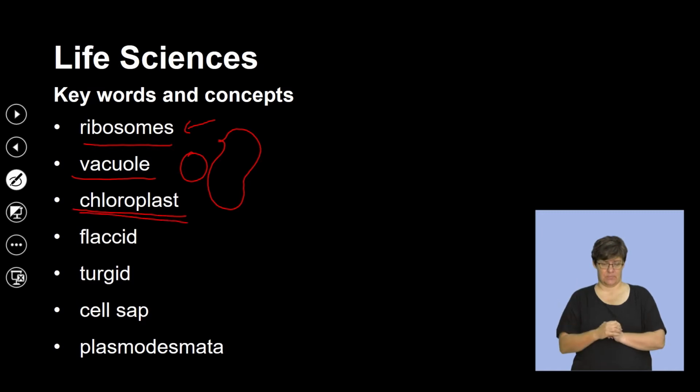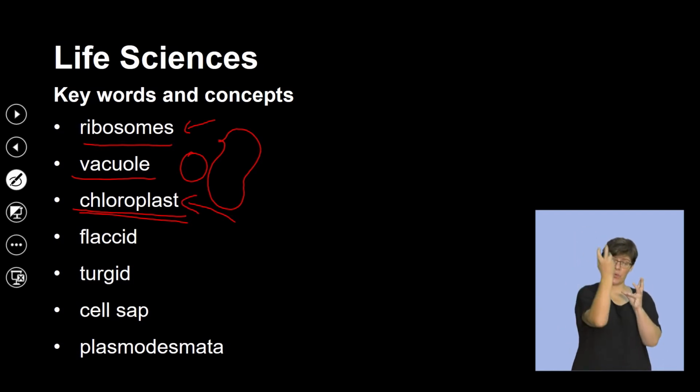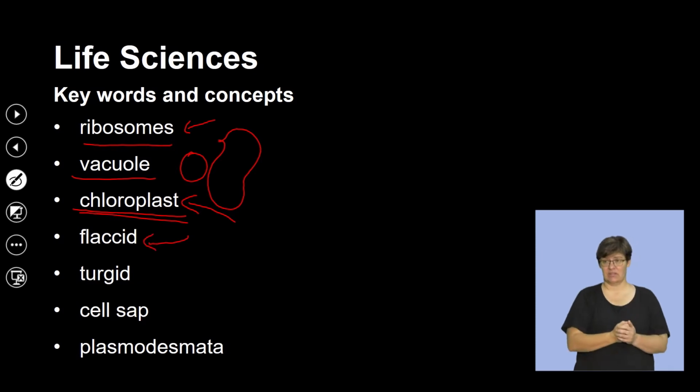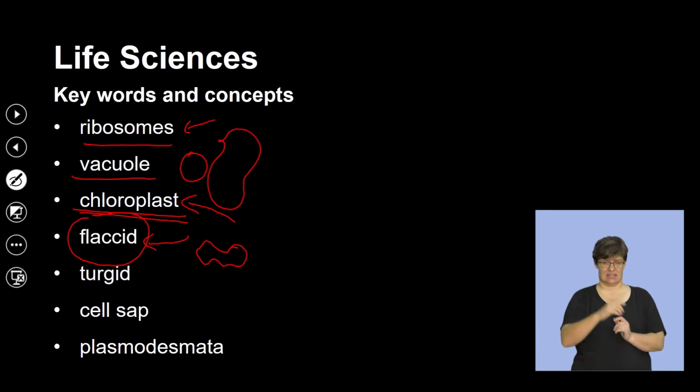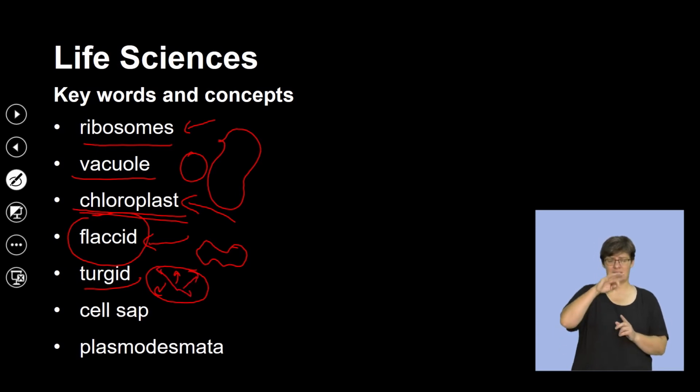Important to plant cells is an organelle called the chloroplast, which we often refer to as an important part for photosynthesis. The shape of cells can be described as being flaccid. When a cell has lost its shape, it's flaccid, or when a cell has maintained its shape, we say it's turgid, well endowed with cytoplasm, or cell sap that gives the vacuole its shape.